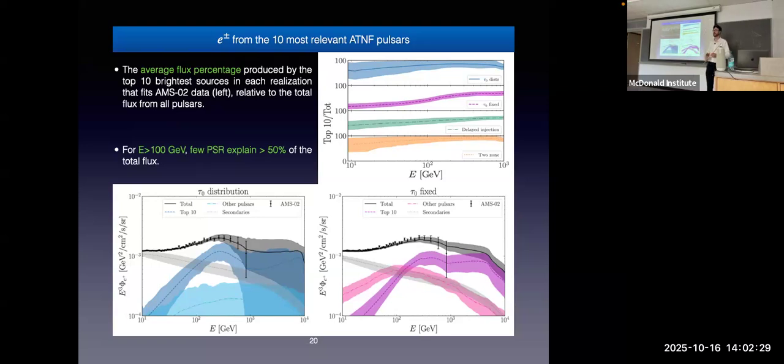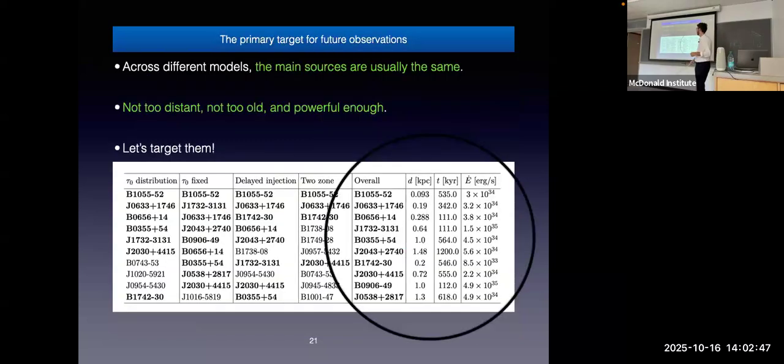Also, one thing that we wanted to check is, are these 10 brightest sources always the same, no matter what type of model we adopt, no matter the simulation that we do? Can we build a sort of statistical hierarchy of which are the most important sources? And the answer is yes. Basically the 10 brightest sources are usually the same for all the different models that we tested.